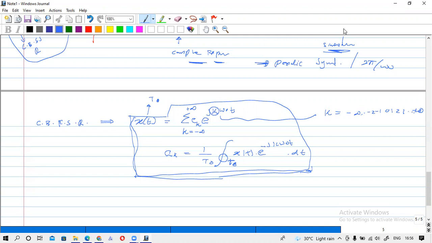Under this, there are two types of representation: one is trigonometric representation, and the other is complex exponential representation. We will choose the complex exponential Fourier representation, and these are the identities used in it.